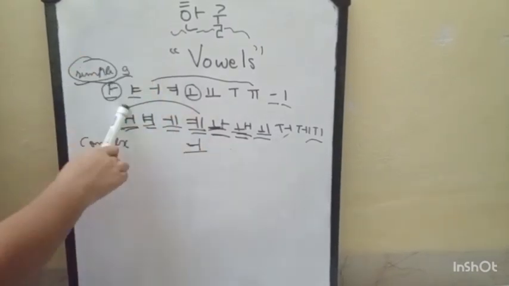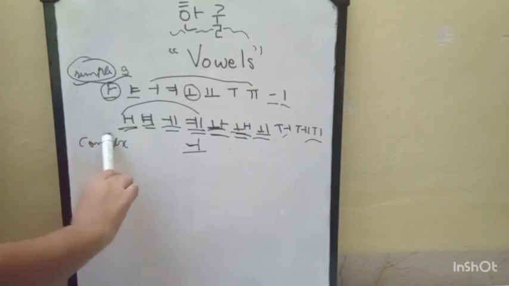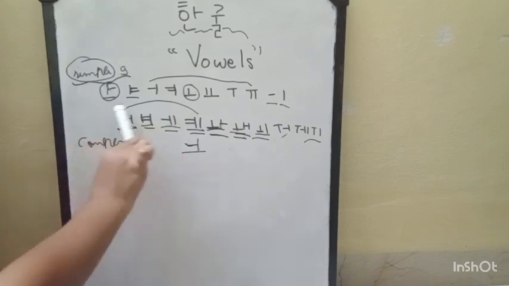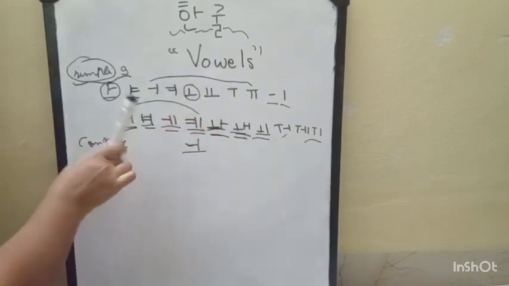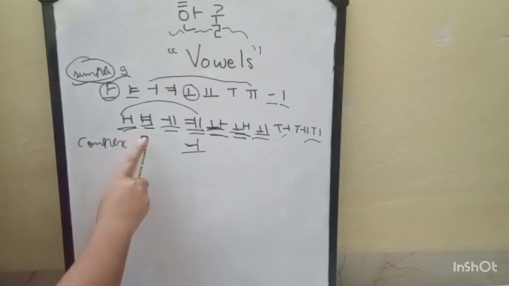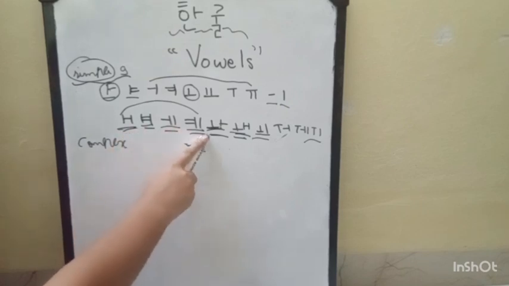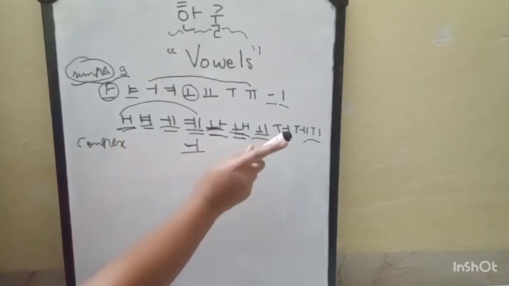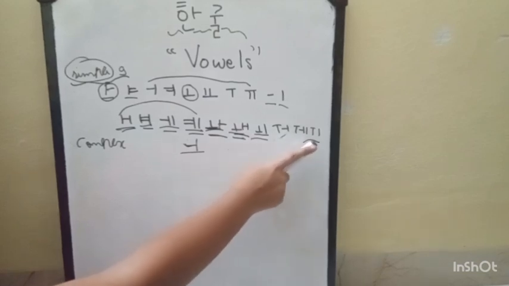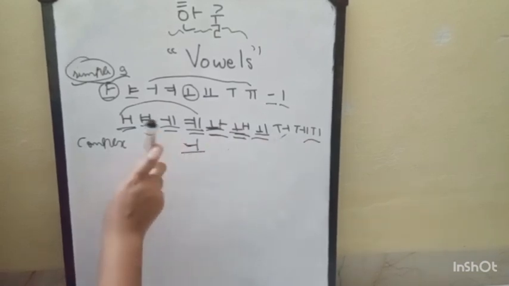So let us just write first this line, and then we will go on to this line, then both. Okay, so a, ye, wa, we, woo, we, e.